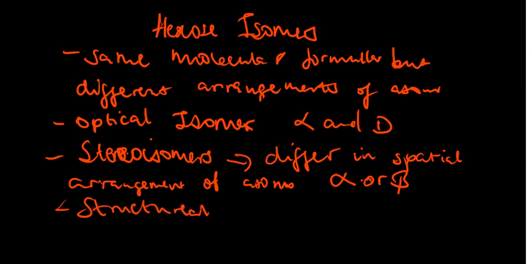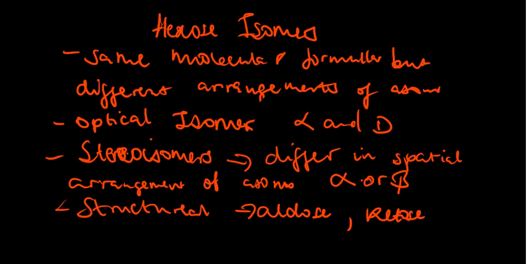Okay, so these structural isomers, notice that they'll have the same molecular formula, but they'll differ in terms of the structure, such that one is a ketose and one is an aldose. Structurally, one will have an aldehyde, or a ketone rather.